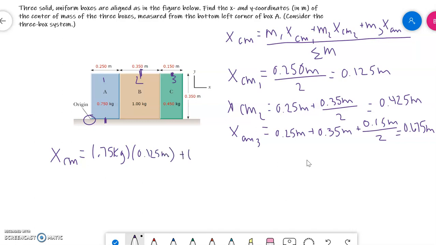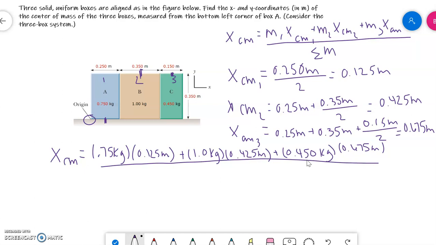We do the same for mass 2 and mass 3, and then that is divided by the sum of the masses.